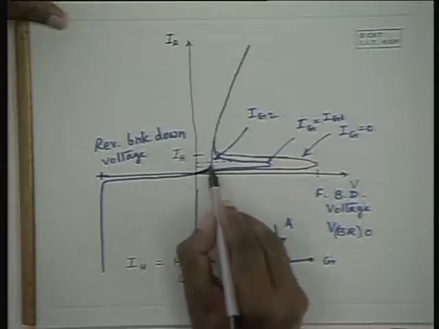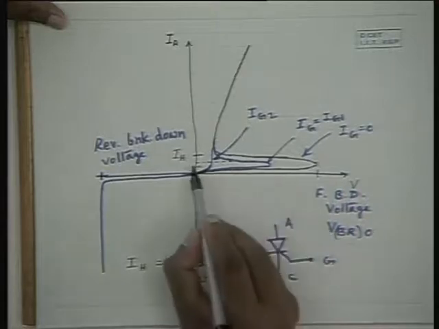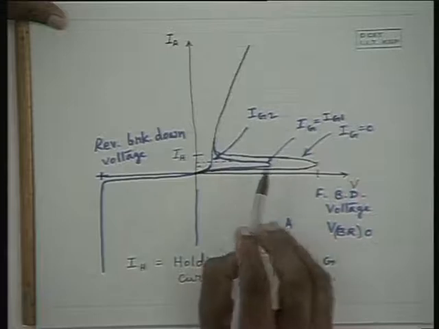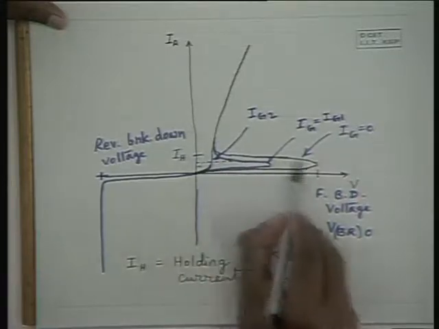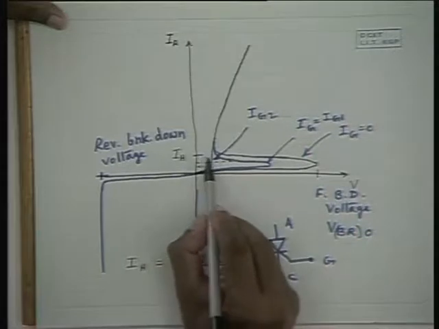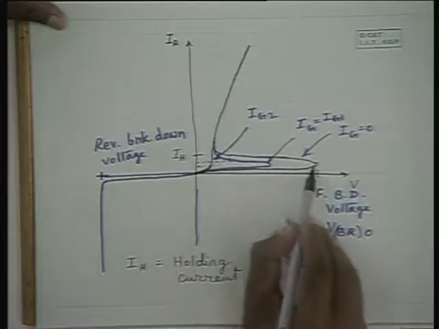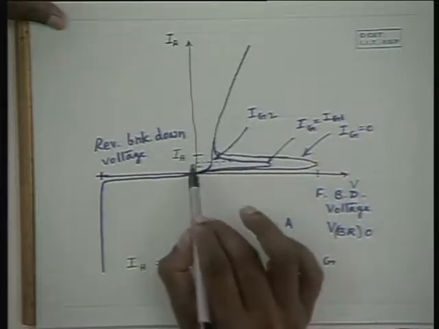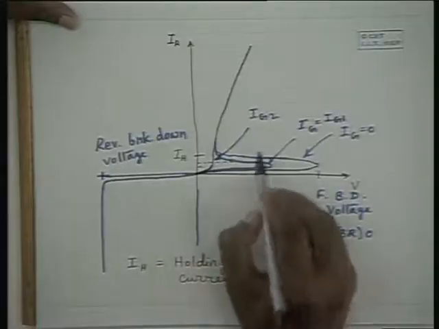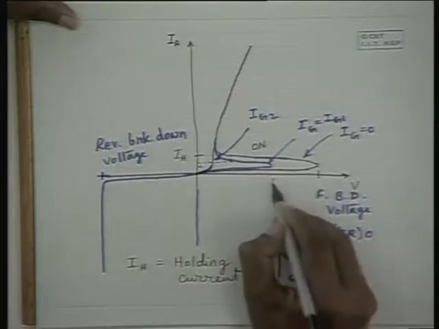here the holding current is not properly defined. At this current, the holding current is definitely over a very short range, and please note that the holding current is the current corresponding to where this voltage drops, but the holding current is defined as the current below which, when the device current is brought, it changes from this on state to this off state.